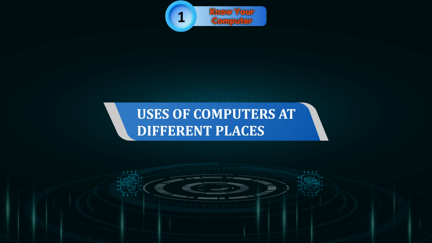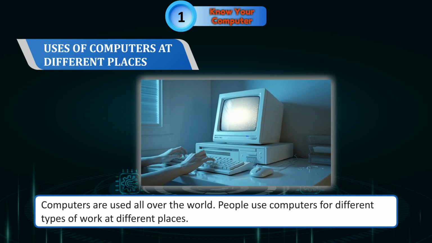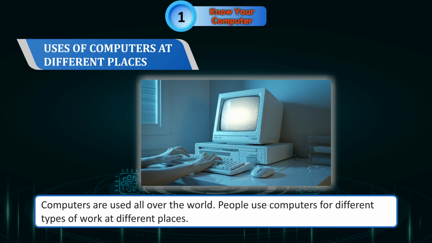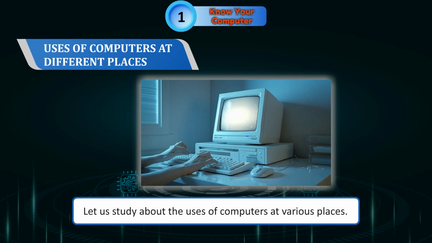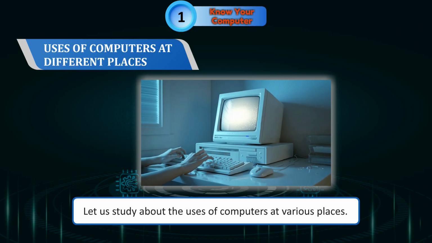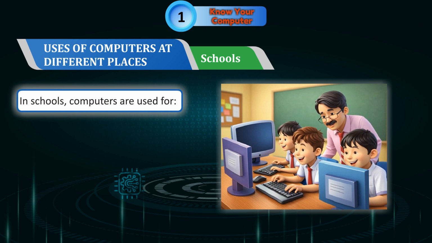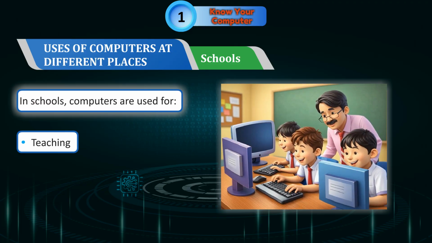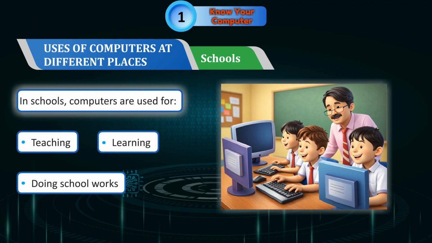Uses of computers at different places. Computers are used all over the world. People use computers for different types of work at different places. Let us study about the uses of computers at various places. Schools. In schools, computers are used for teaching, learning, doing school works.